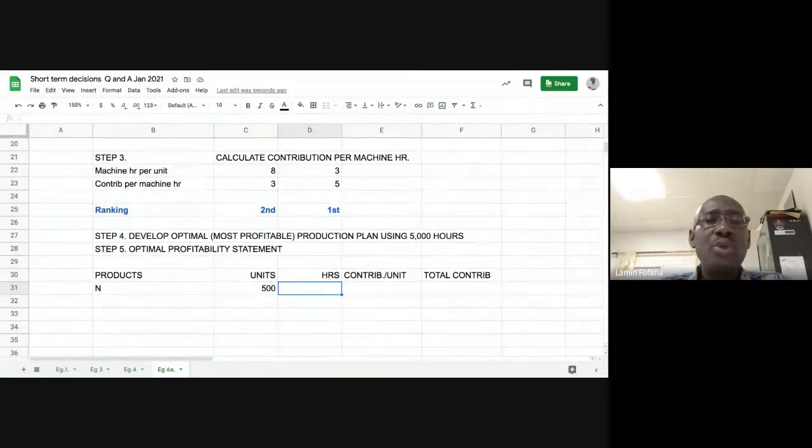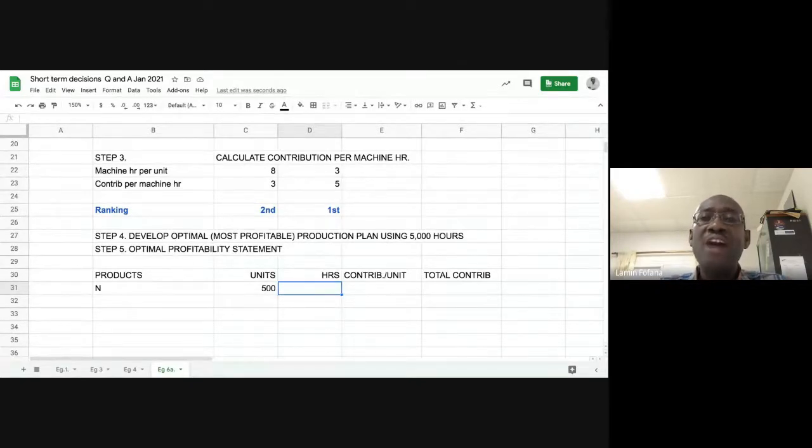Number 2, we have calculated our contribution per scarce resource. And then we did the ranking. We know that when we're trying to solve anything, we must start solving our problem. Our problem is machine hours.